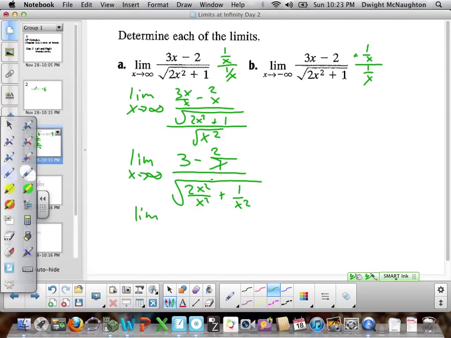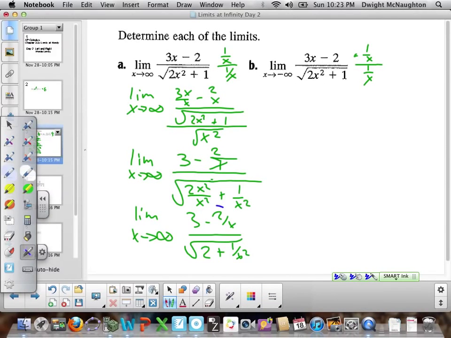And we get the limit as x approaches infinity of 3 minus 2 over x, and on the bottom we get 2 plus 1 over x squared. As you remember from yesterday, these two things will go to 0 and we're left with 3 over the square root of 2.